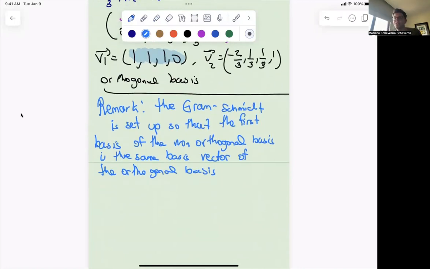How should I say it? If you are only interested in finding an orthogonal basis, yes, for example, you could find these two vectors and rescale them, and that's fine, that's allowed as an orthogonal basis.